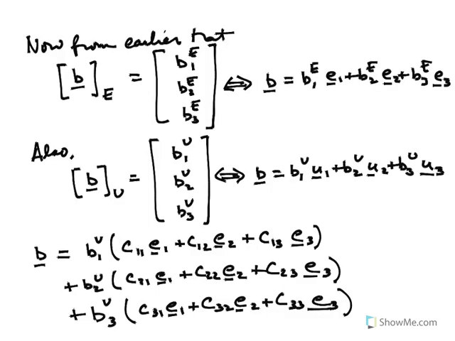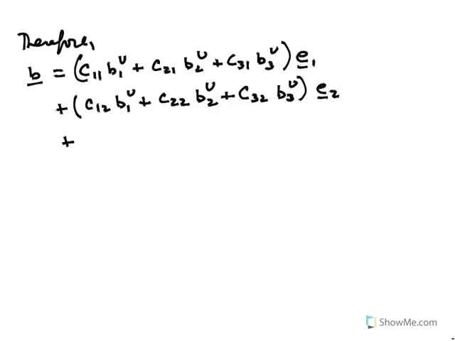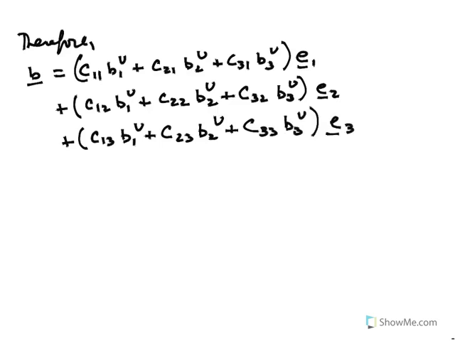And that just looks down, c12, c22, c32. Now let's look at the e3 terms. We've got c13, c23, and c33. So we've got plus c13 b1u plus c23 b2u plus c33 b3u times e3.